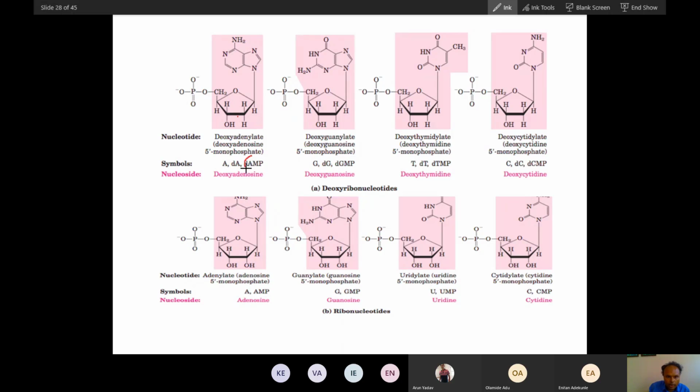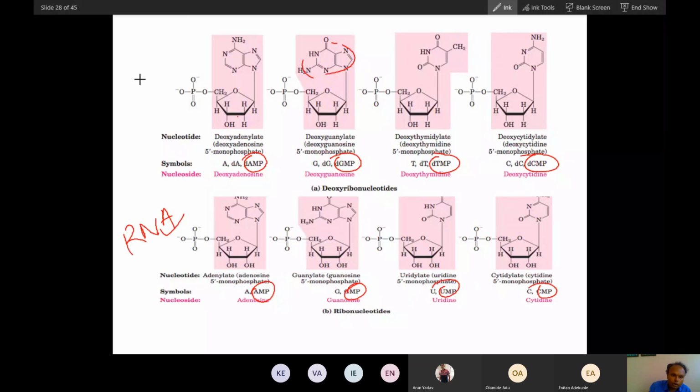This is dAMP, dGMP, this is guanine, this is dTMP, this is dCMP, and this is the counterpart for RNA: AMP, GMP, UMP, and CMP. These are the four nucleotides present in RNA, and these are the four nucleotides present in DNA.